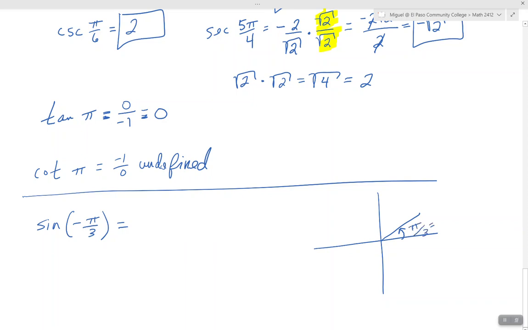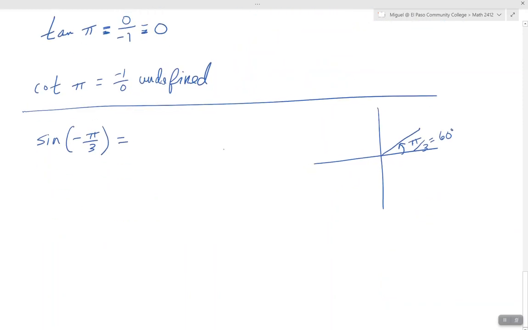Which is the same as how many degrees? 60 degrees? That's positive, right? But this is saying negative pi over 3. So for negative, we start at our initial side, and instead of going up, we go down that much.